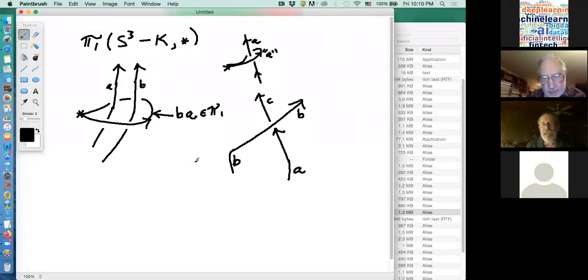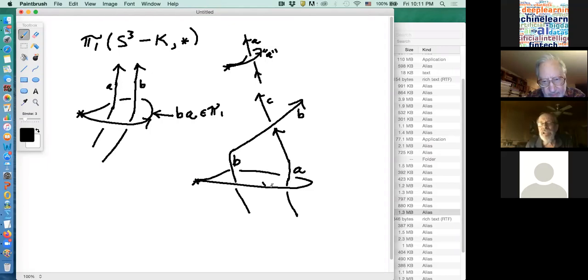Then I can put a lasso, a loop around the entire bottom of this. But that's homotopic to a loop which goes around the top of it. And so from what we had worked out already, this implies that A times B, in the order that I have written it here, is equal to B times C in pi 1.